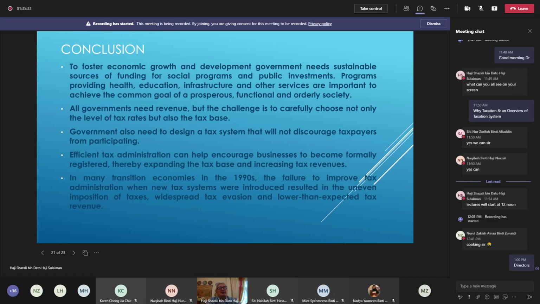Okay. Government also needs to design a tax system that will not discourage taxpayers from participating. When the government reduced the tax rate from 30% to 18.5% in Brunei and introduced a tapered tax system, a lot of companies then decided to show their true profit.